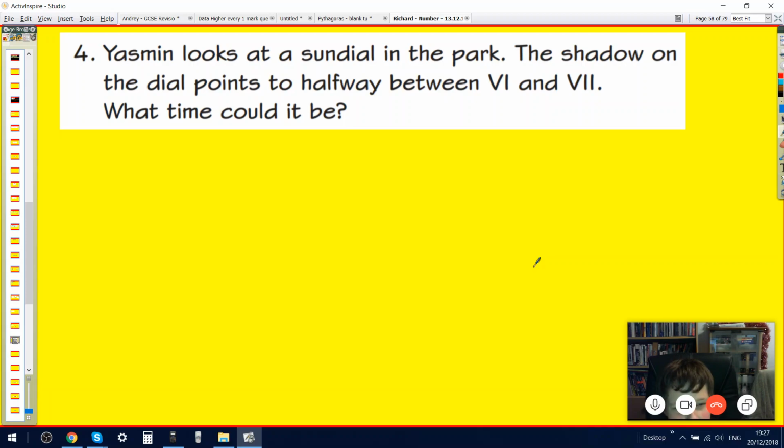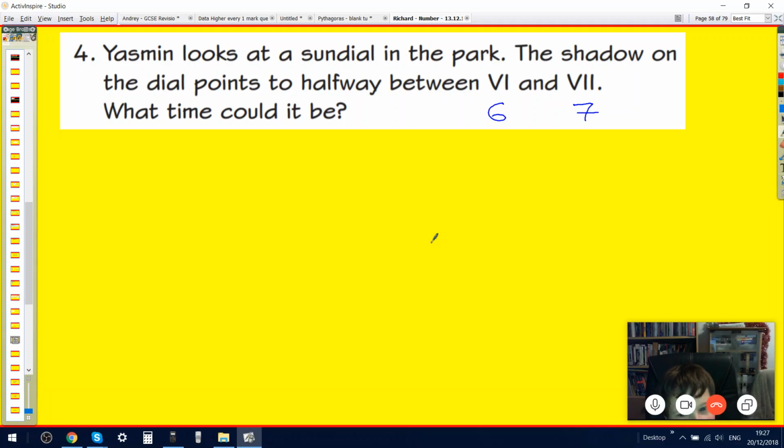So it says that the dial points to halfway between 6 and 7, and that would be, on the clock, the 30.